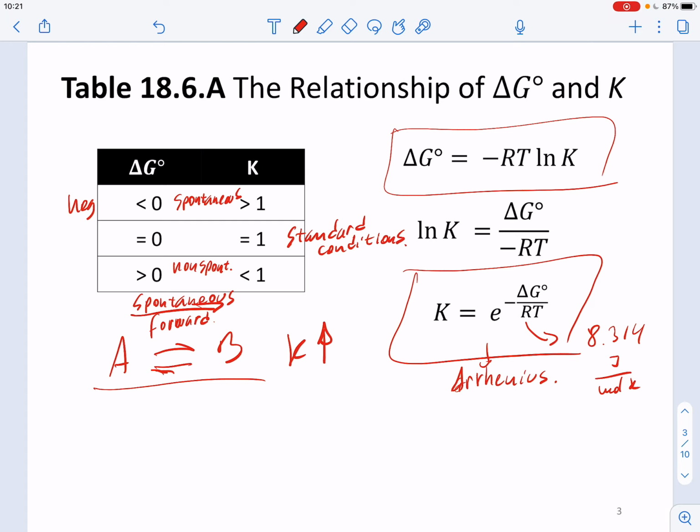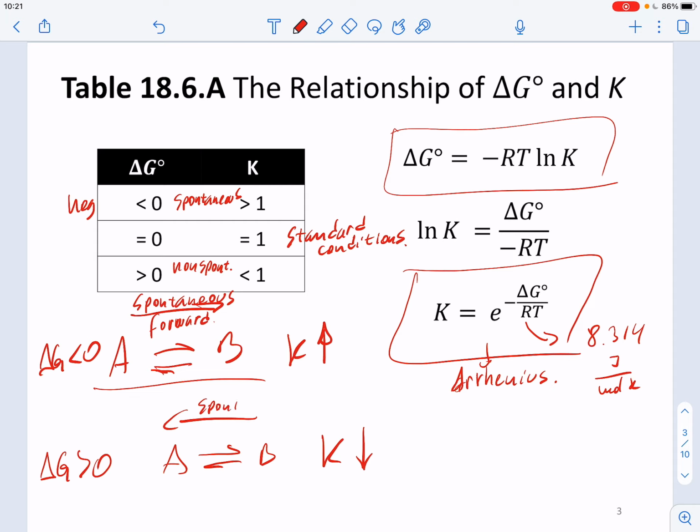Okay, so in that case, delta G positive, then K is very, very small, and then the reverse reaction is the one that is spontaneous. Spontaneous in the reverse direction, it's non-spontaneous in the forward direction. Okay, and that's represented with K very, very small.